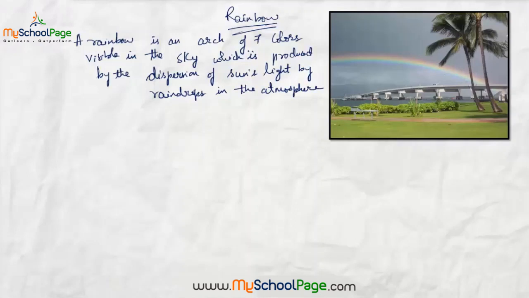So rainbow is an arch of 7 colors visible in the sky, which is produced by the dispersion of sun's light by raindrops in the atmosphere.